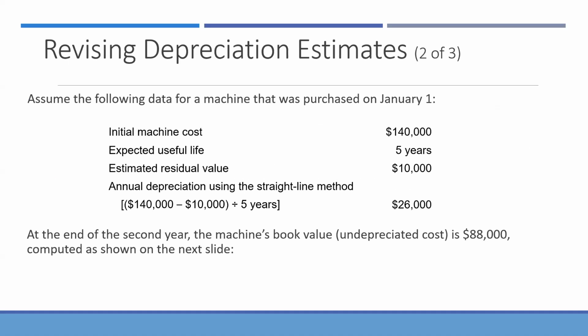So initial machine cost of 140,000 and estimated residual value of 10,000 and a 5-year useful life. So our annual cost is $26,000. At the end of the second year, the net book value is $88,000.